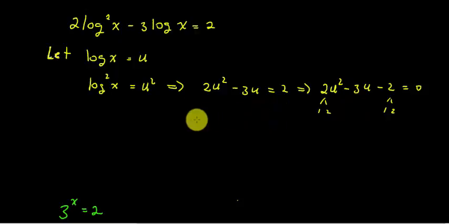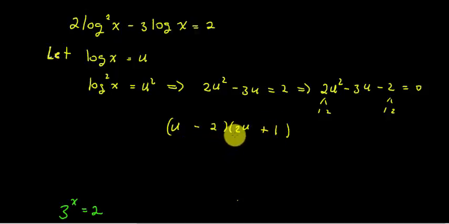And so we could write this as u and 2u. We want the 2u to multiply with the 2 here, but we said it would be negative, so we'll put the negative 2 there, and then we'll put the plus 1 here.